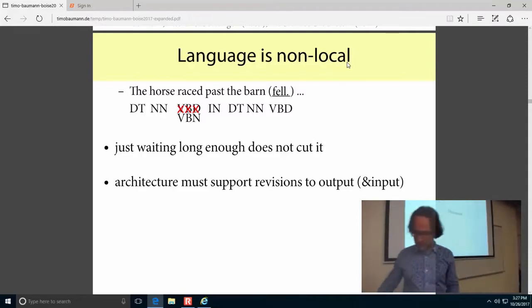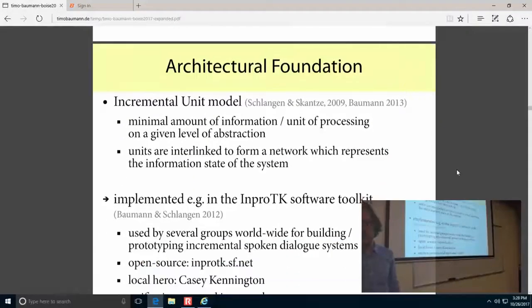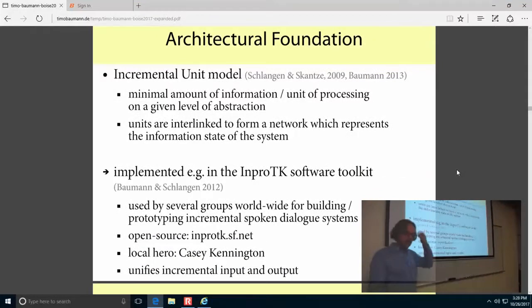Luckily, we came up with a data model for that, which is based on the incremental unit model, where an incremental unit is actually a minimal amount of information or some sort of unit of processing on some level of abstraction. So say for text it could be words. For spoken words it could be speech sounds.